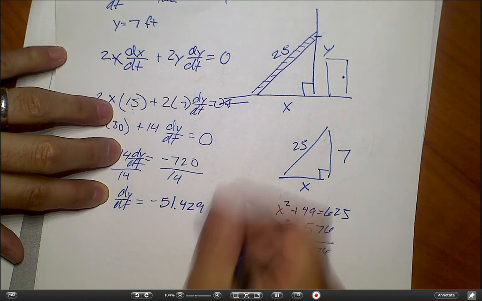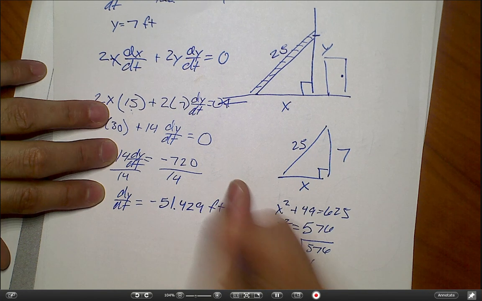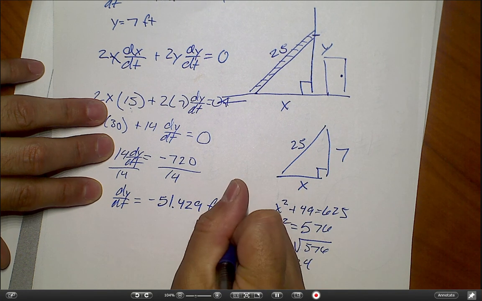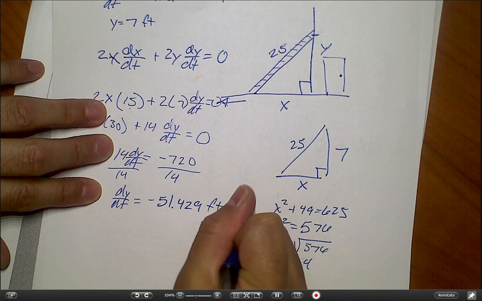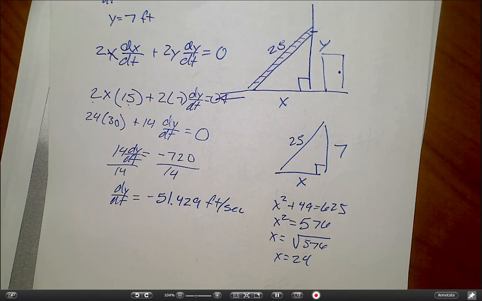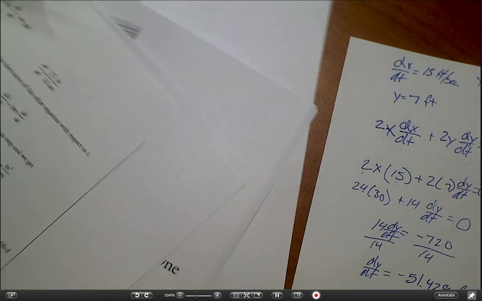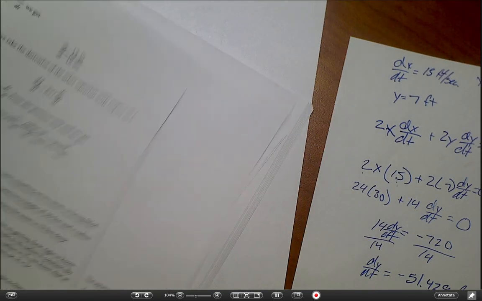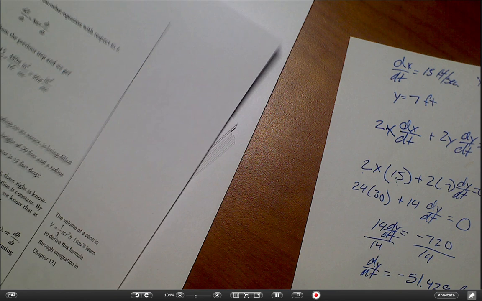Feet per second. So there's my rate for that one right there. So what does that say? That's actually going pretty fast, right? It's a 25-foot ladder, so of course it's going to be going down pretty quick.